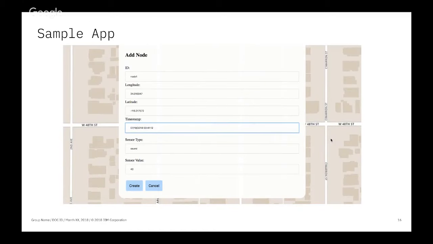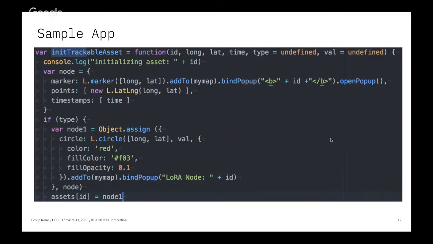These are just a few screenshots of the app functionality. The user can fill out a form and input a node ID, location, and additional sensor metadata. For example, we'll just use decibels to measure sound in this case. When the user submits a request to register a new asset and show it on the map, we call a method to draw a marker at the specified location using L.marker, basically a Leaflet marker.